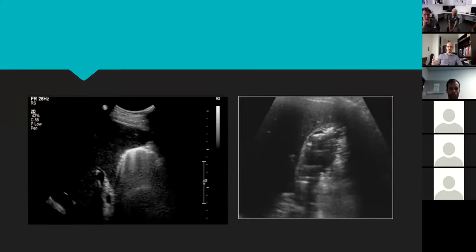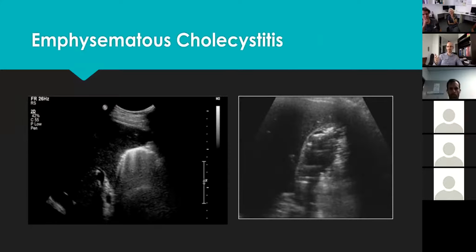And the first thing that comes to mind is, well, it's not that obvious, but that dirty shadow within the gallbladder is not that common. It's actually gas in the gallbladder, suggestive of an emphysematous cholecystitis. Again, this is a quite common question for us.